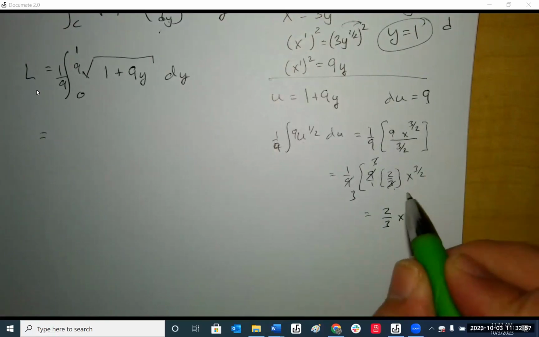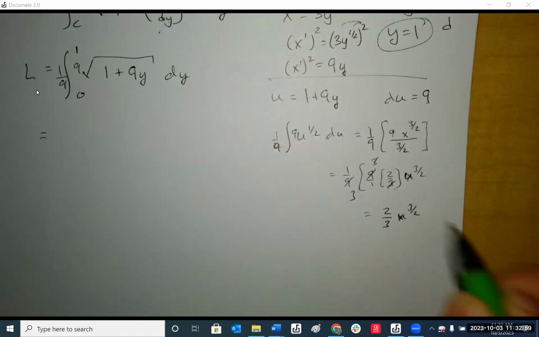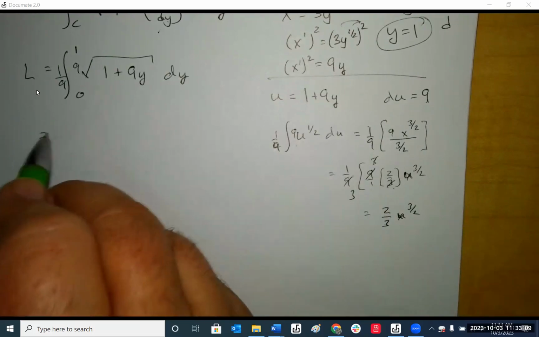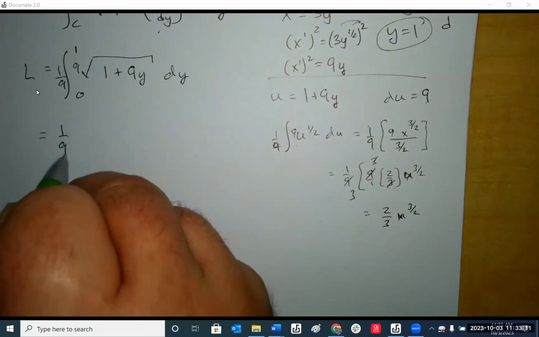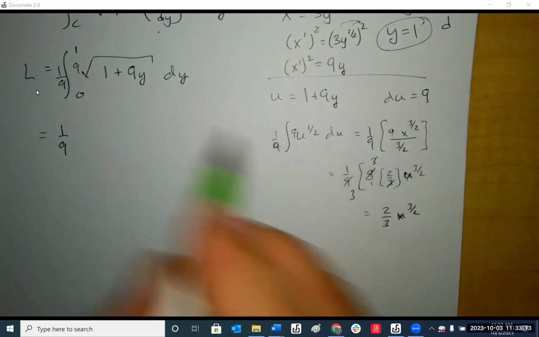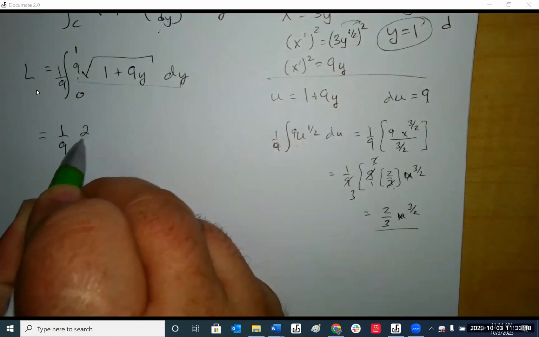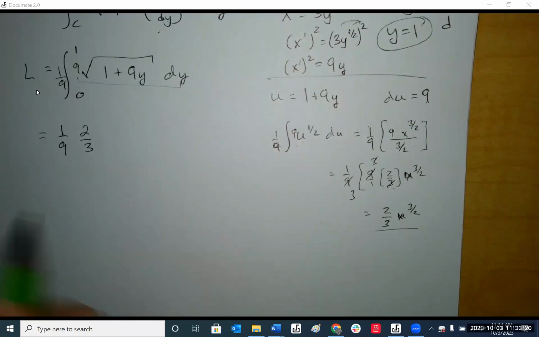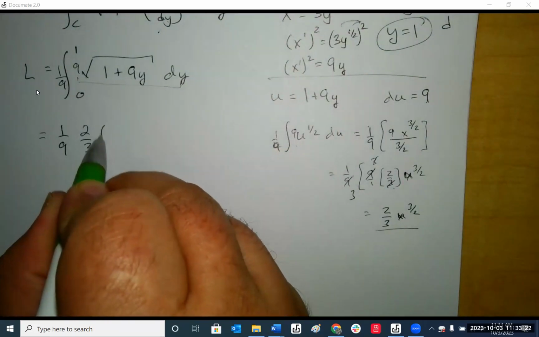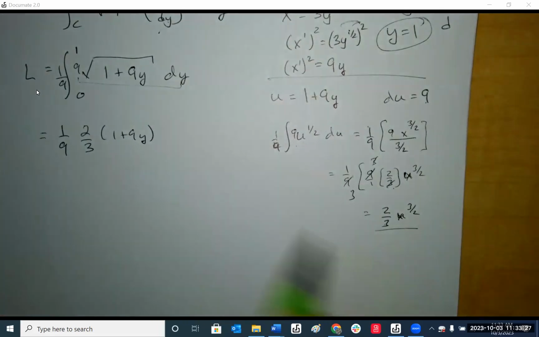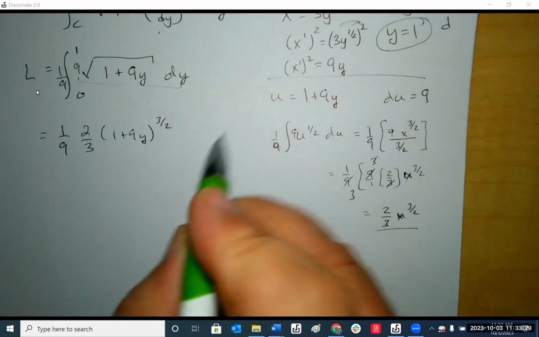Oh, it's u. So inside there, we have 1/9, and the integral of this is 2/3 u, which is (1 plus 9y) to the power 3/2.